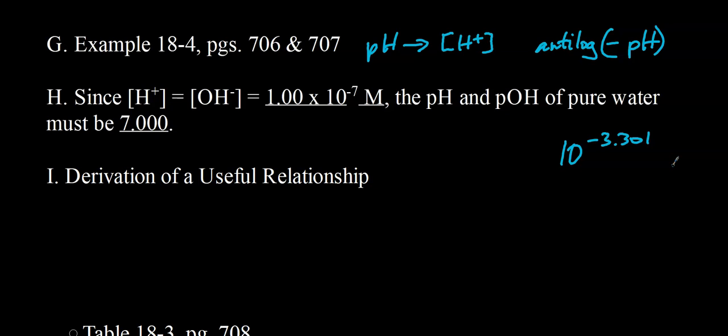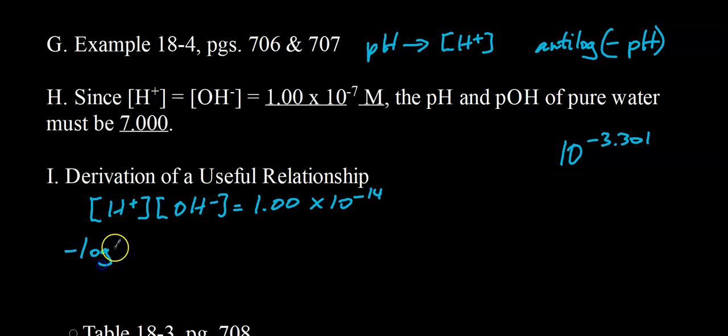Now, useful relationship, let's derive something here. So let's go back to our KW. Whoops, I don't want equals, I want times. So concentration of H plus times concentration of OH minus equals KW. Let's take negative log of both sides.